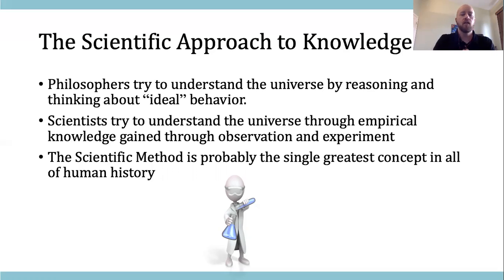The scientific method is considered by many people one of the single greatest concepts in human history. How do we best identify something that is true? How do we validate our knowledge?